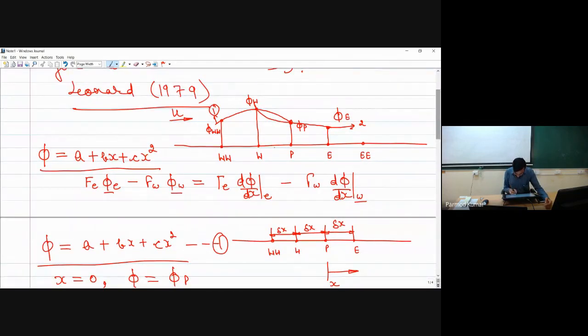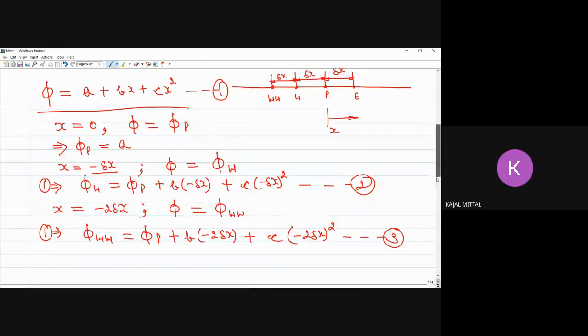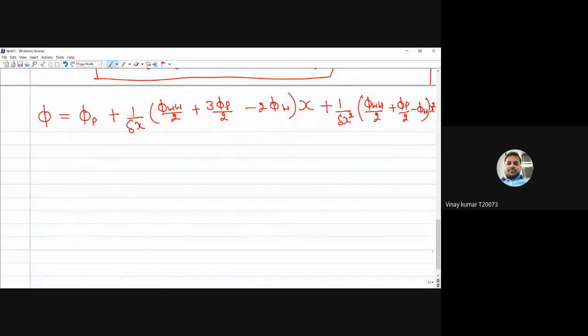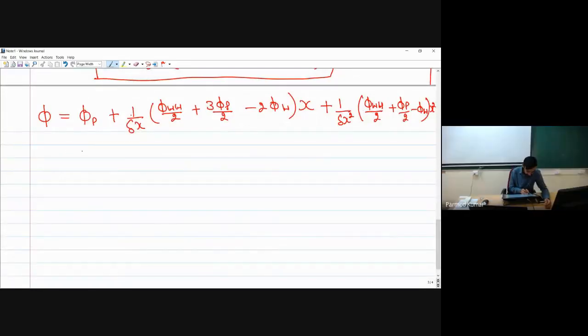So when I am calculating for face W, this will be my face W over here, and this will be my face E. So can you tell me for face W, what will be the value of x? Del x by 2. Del x by 2 minus del x by 2. Yes, sir, minus del x, in the negative direction. Okay. So for W face, we will be having x as nothing but equal to minus del x by 2.